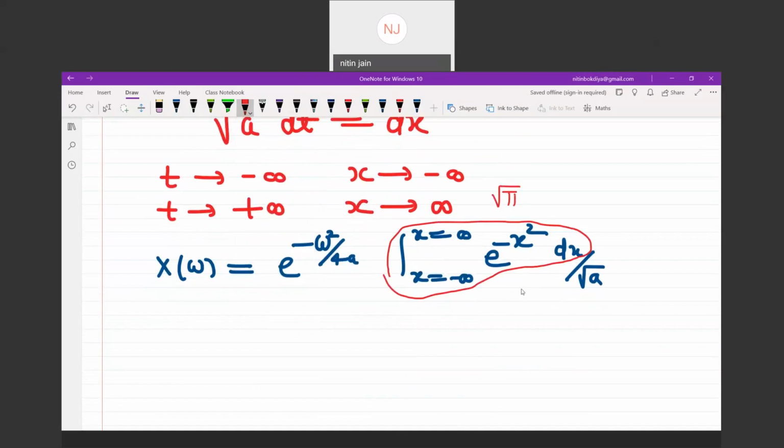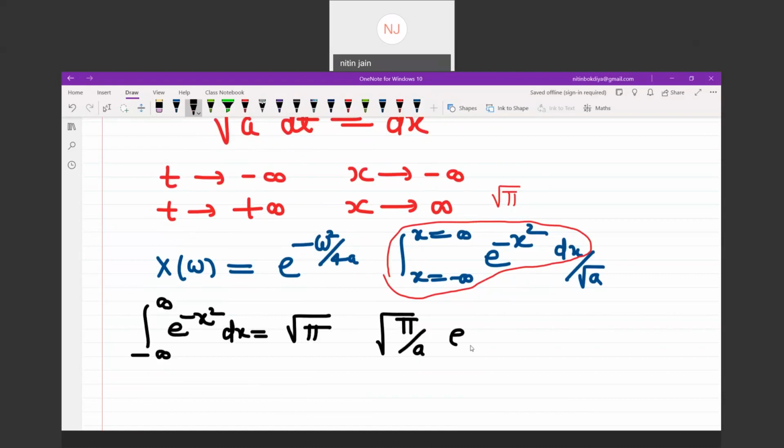This is a property of Gaussian function, that minus infinity to infinity e to the power minus x square into dx is equivalent to what? Under root of pi. So what will be the answer? Under root of pi by a into e to the power minus of omega square by 4a.